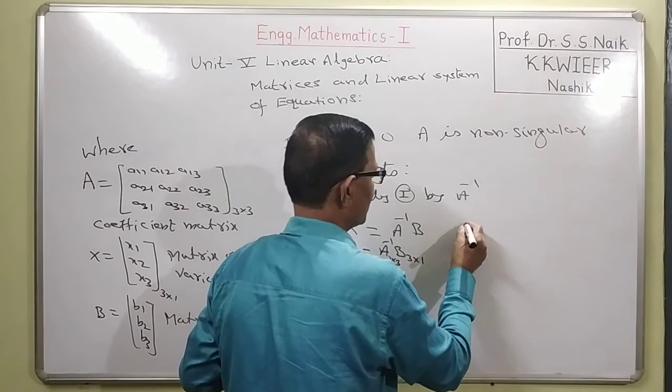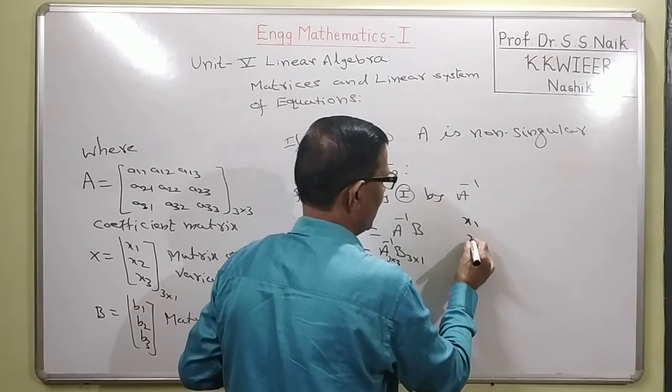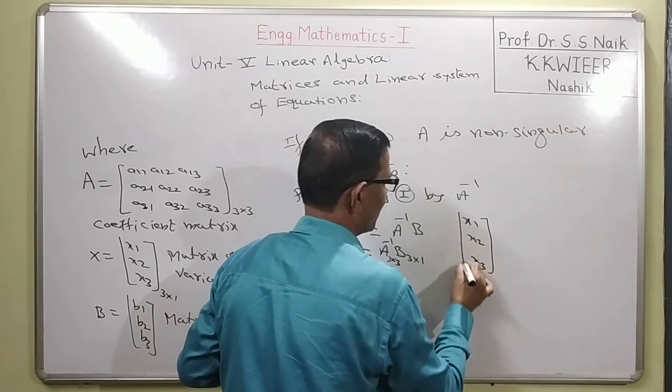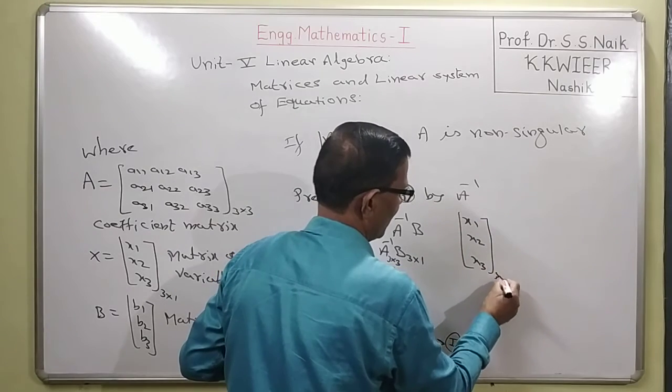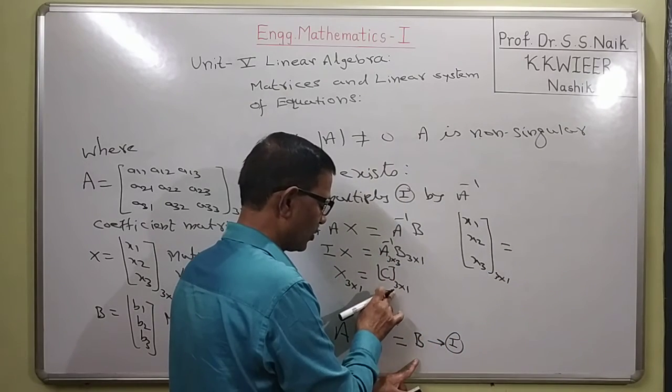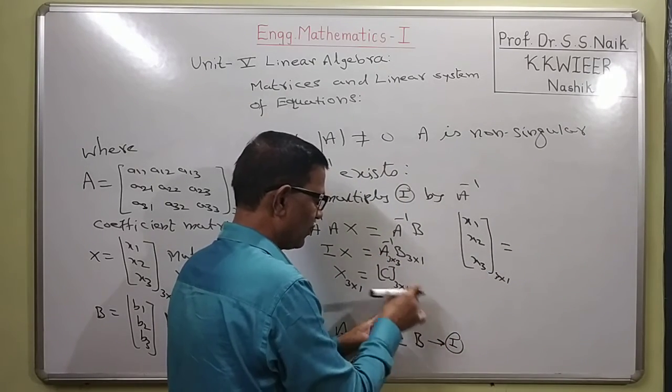Now we'll see what the values are. As far as X is concerned, you have X1, X2, X3. This is the left hand side, a 3 by 1 matrix. This is the right hand side, where B is converted to C now.